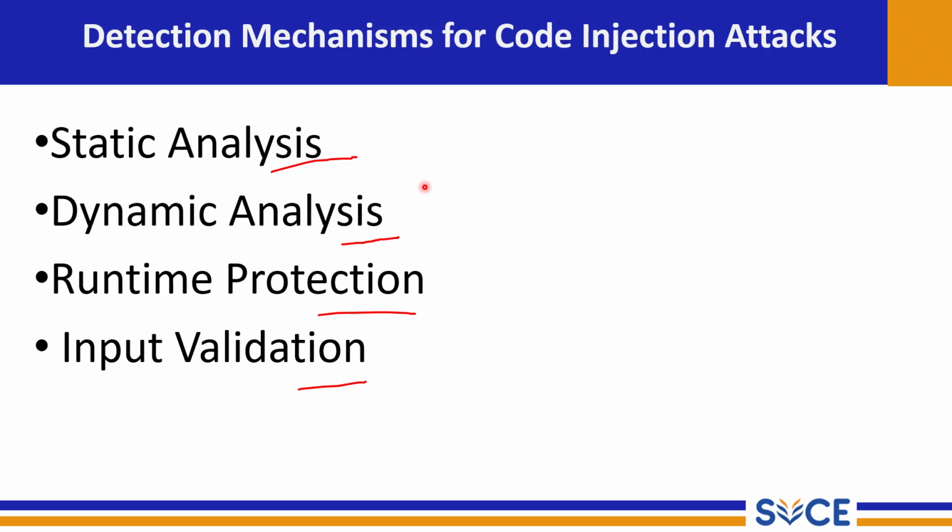Input validation should be implemented across all user input to close the loopholes, such as those in hidden fields, query parameterization, and API requests. Robust input validation also lightens the load on additional security layers. Okay, so these are the detection mechanisms where it is commonly used.